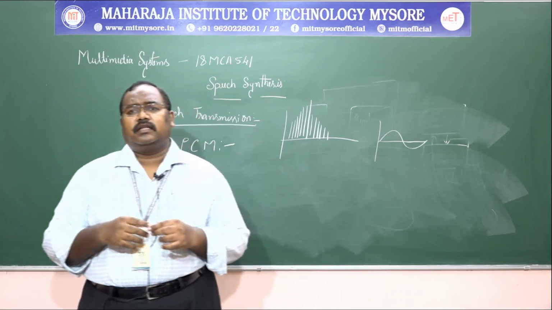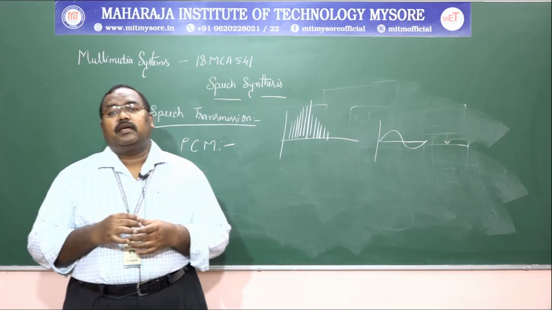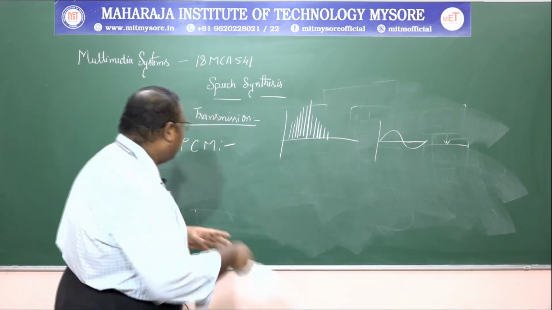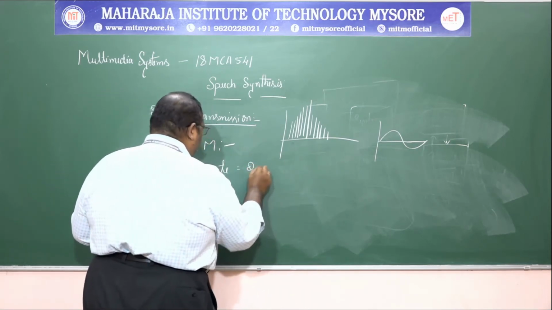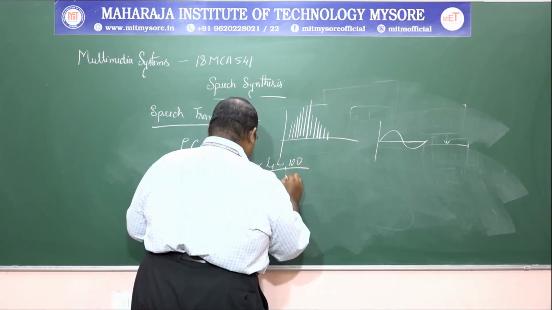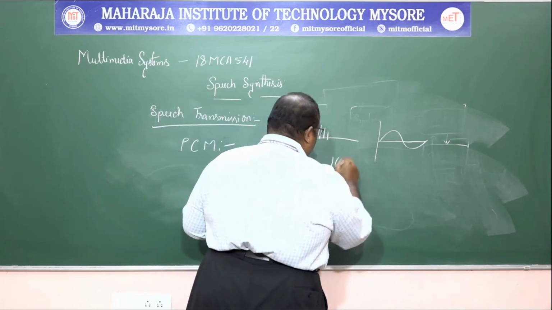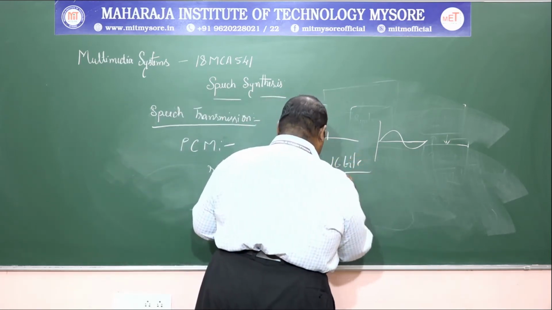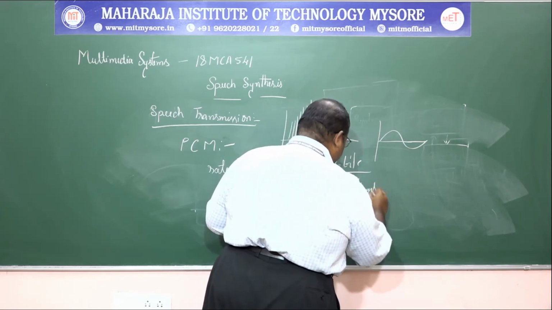One of the illustrations that can be considered is the PCM with respect to CD. PCM with respect to CD uses the following sampling rate: 2 into 44,100 divided by the number of seconds, into 16 bits divided by 8 bits per byte.